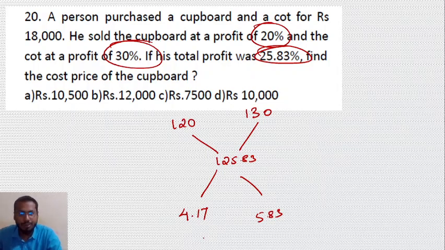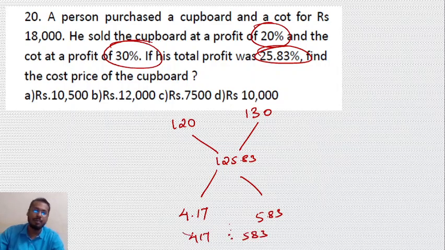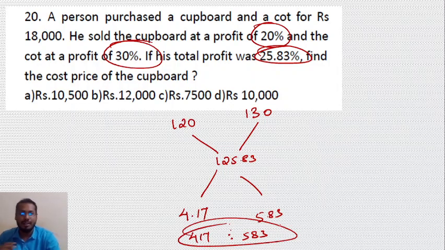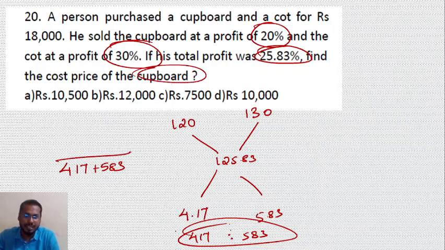So if you want to take the exact fraction, that means the ratio, let's take 417 and 583, cancel the decimal point because I need only the fraction. Now if you want to get the answer, simple way, total part is 417 plus 583. What they want is the cupboard price, which is 417. So 417 into the total value, 18,000.